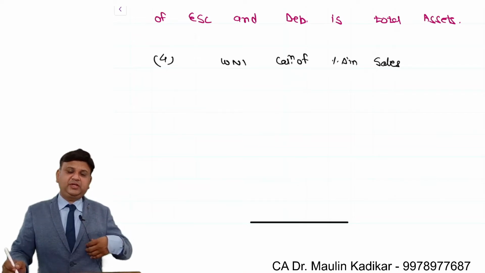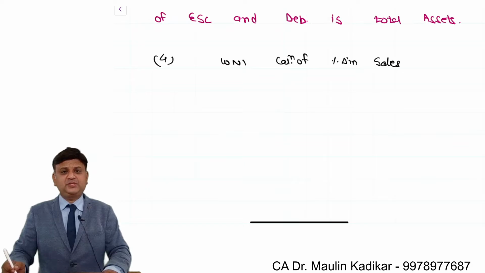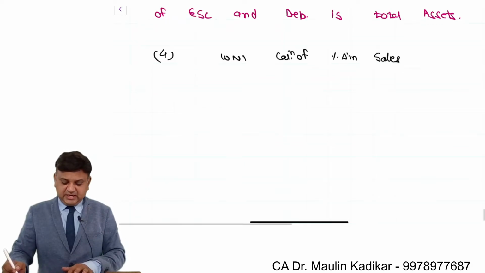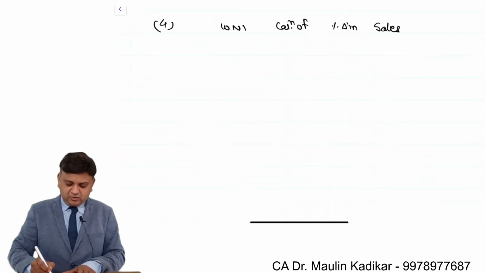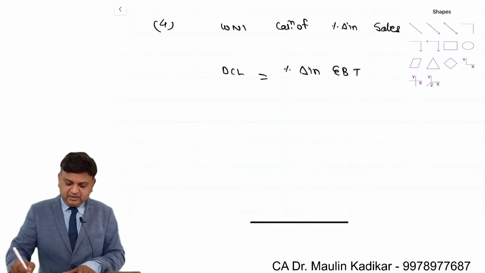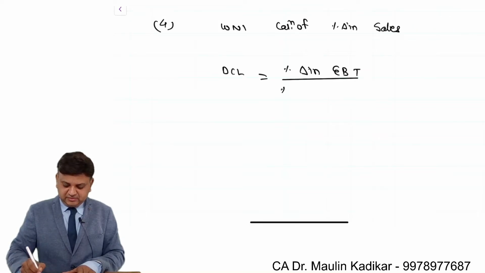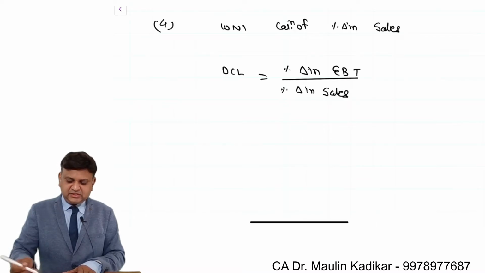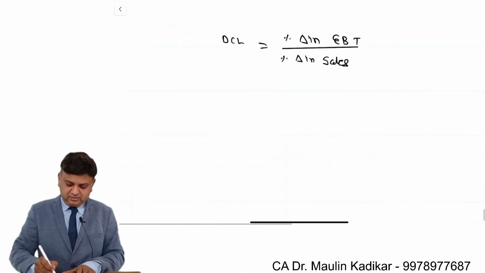Sales and earning before taxes, this relationship is measured by DCL. So DCL is equal to percentage change in EBT divided by percentage change in sales. This is the formula that we have to write.